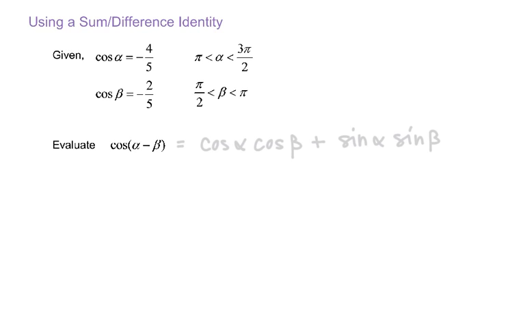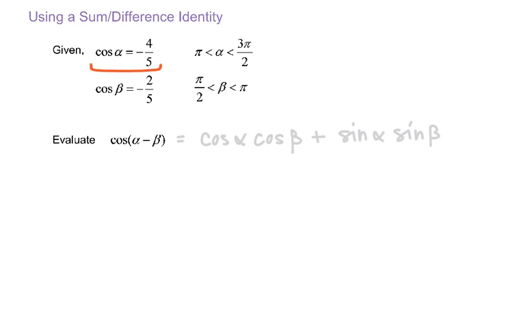So let's think about solving this. I need to know cosine alpha and cosine beta, as well as sine alpha and sine beta. I'm given the values of cosine alpha and cosine beta, so I know what to plug in for the first two pieces. What I'm not given is sine alpha and sine beta. So I'm going to take cosine alpha and create a reference triangle.